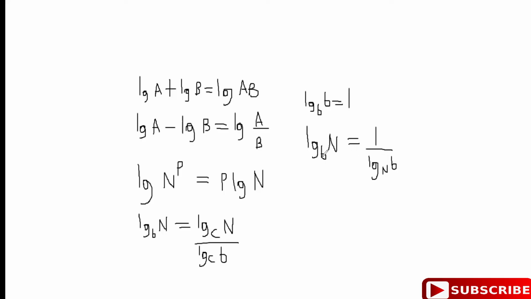They gave us log b of n and asked what it is equal to. We can prove why it is equal to this. For example, the log to base 5 of 20 is just equal to 1 over the log to base 20 of 5.